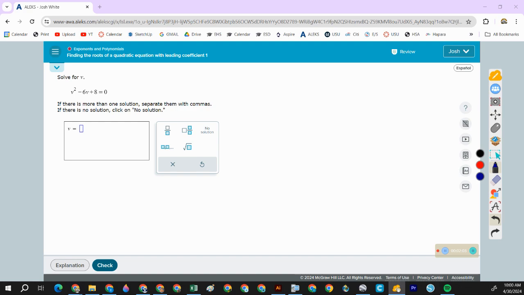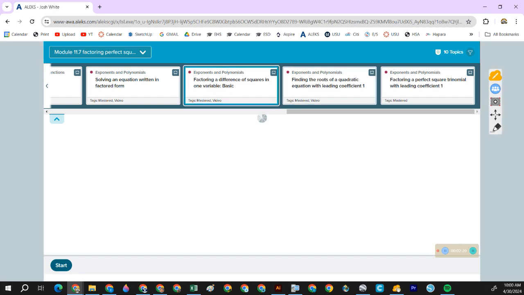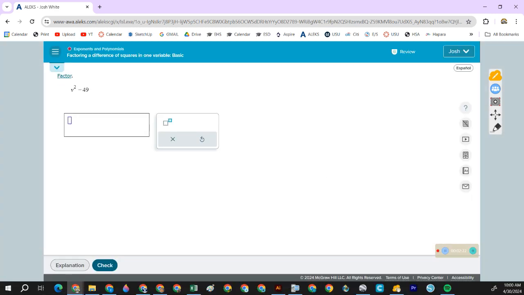Okay. Here we factor v minus 4 and v minus 2. So v equals 4 and 2. Okay. V squared minus 49.